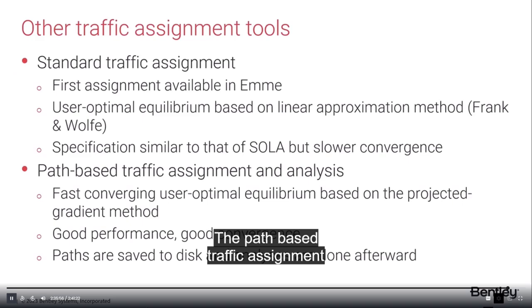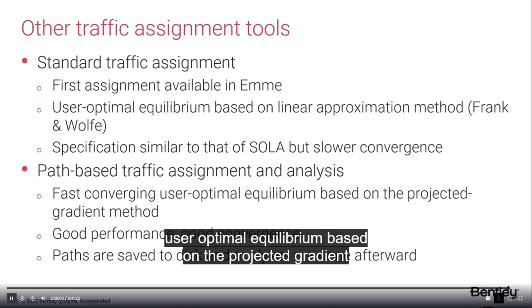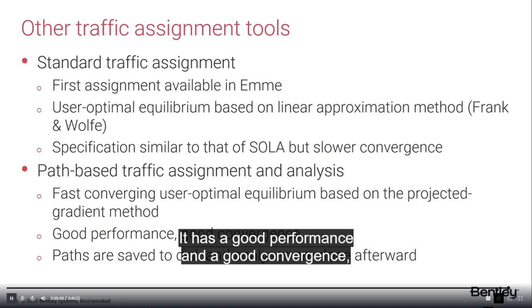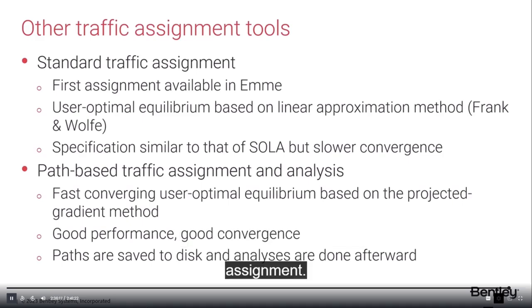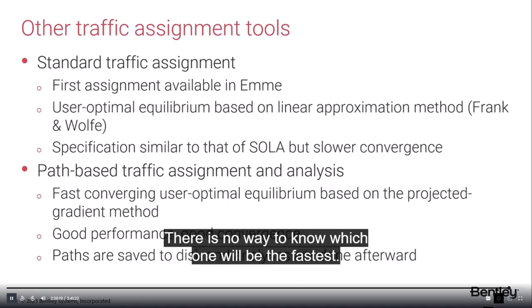The path-based traffic assignment and the associated analysis is a fast converging user optimal equilibrium based on the projected gradient method. It has a good performance and a good convergence, and there is no way to know, when we compare path-based traffic assignment and the SOLA traffic assignment, which one will be the fastest.